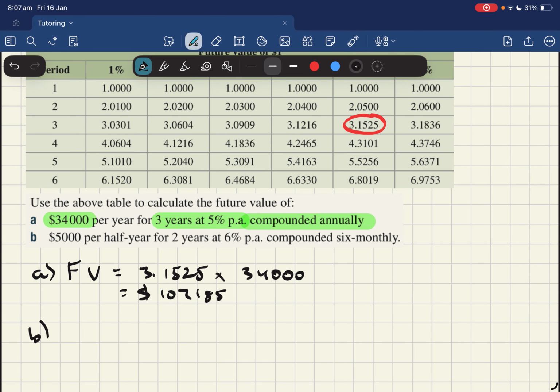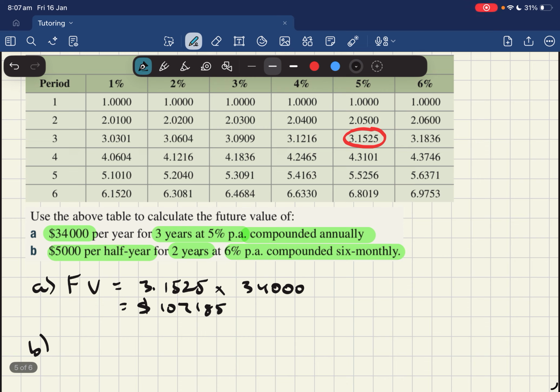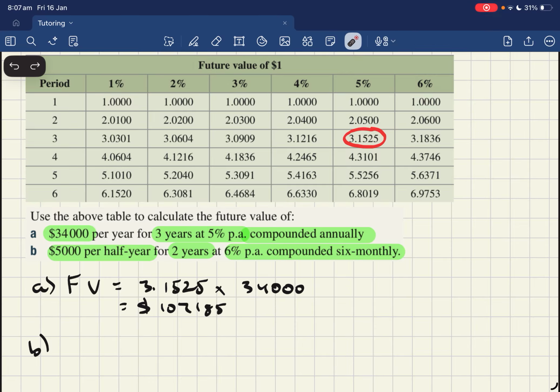that's saying we're trying to find it for the condition of 5,000 per half year for 2 years at 6% compounded 6 monthly. So it's compounding 2 times a year, right? It's compounding every 6 months. So anytime the compounding period changes, that's going to change both our number of compounding periods as well as the interest rate.